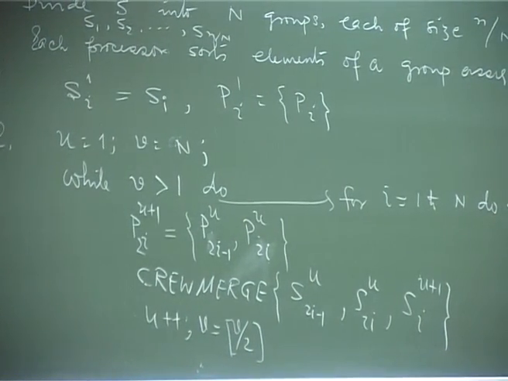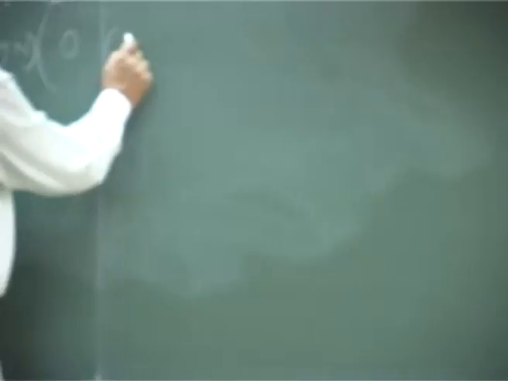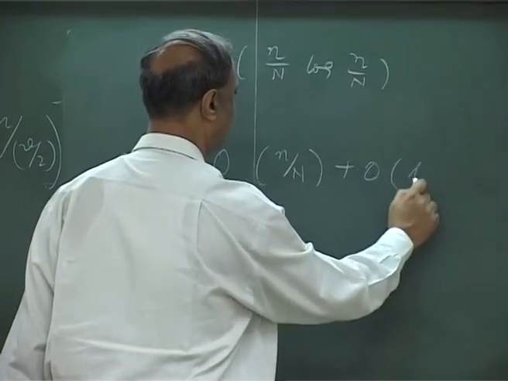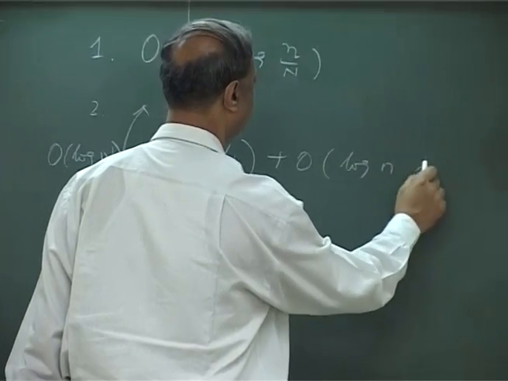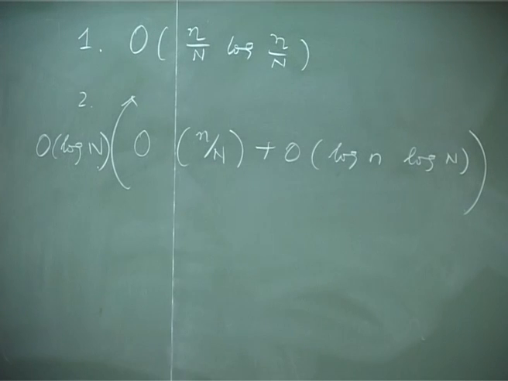What is the time complexity? My record tells it is order n by N plus order log n log n. Is that so?